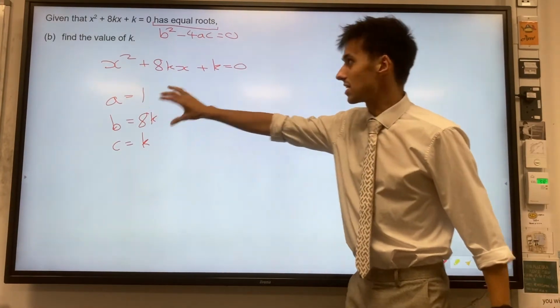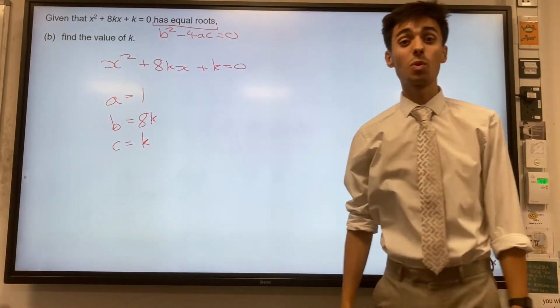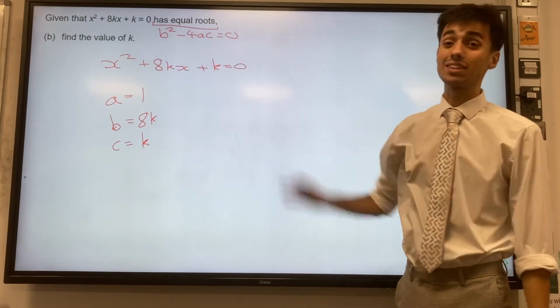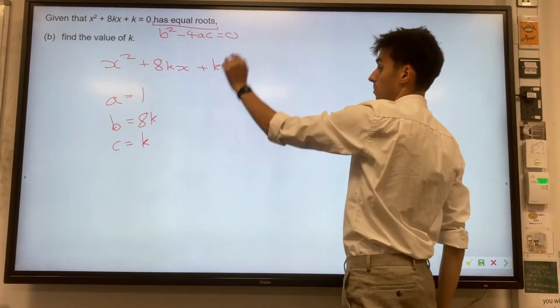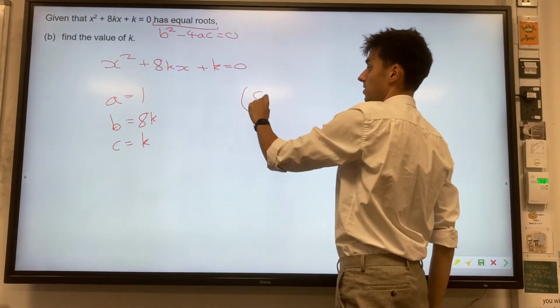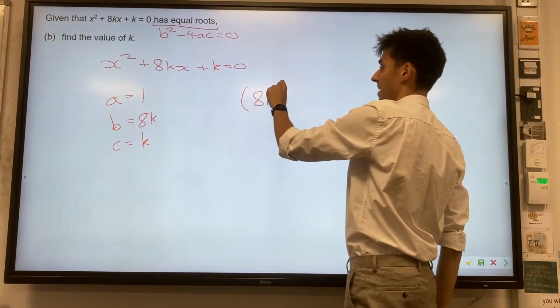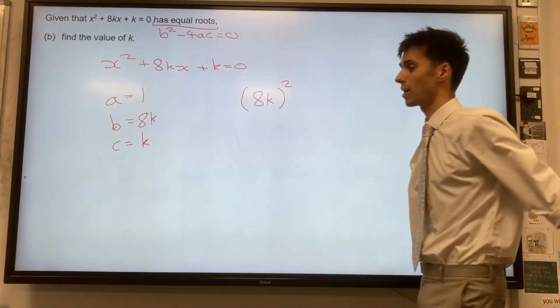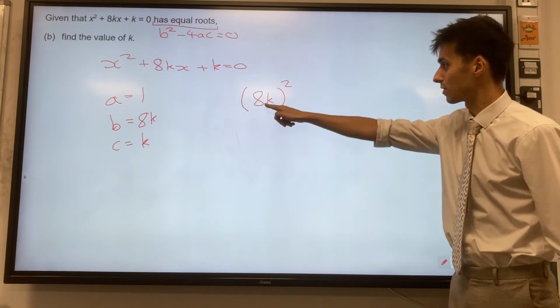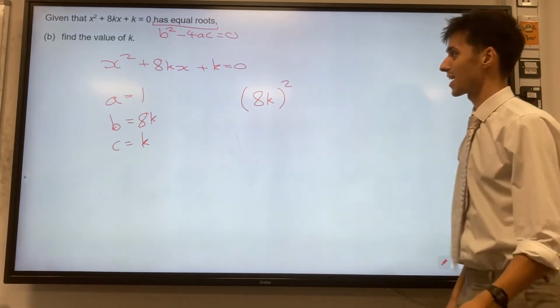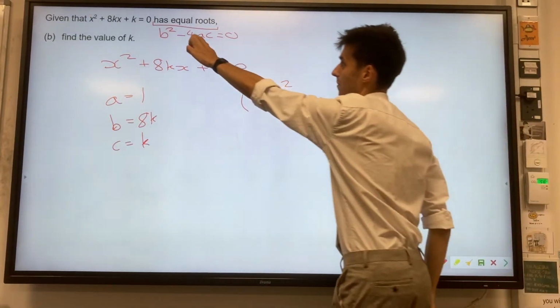Now we've got A, B and C, we're going to substitute them into our discriminant and make that thing equal to 0. So b squared, and I'm going to put this in brackets, it's going to be 8k all squared. Really common mistake is to forget to square the 8 as well in a second, so we need to watch out for that.